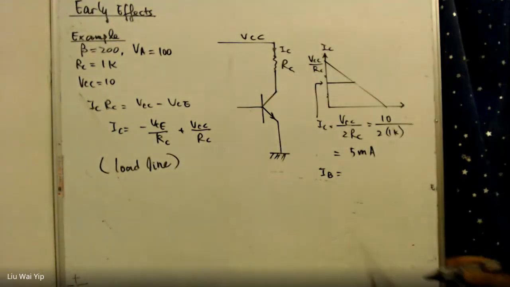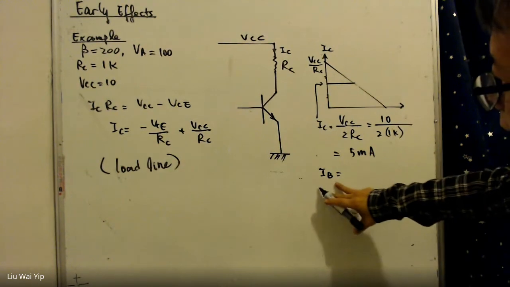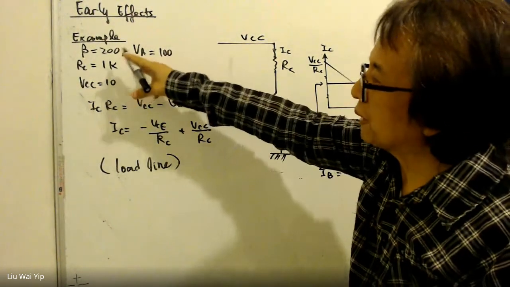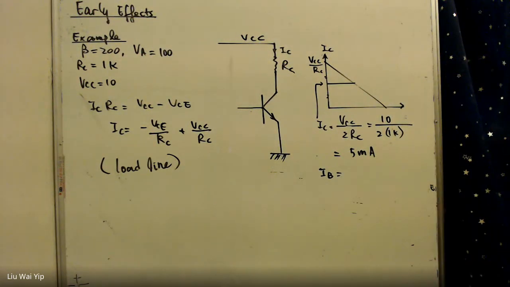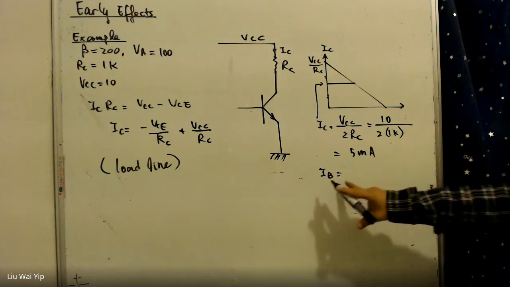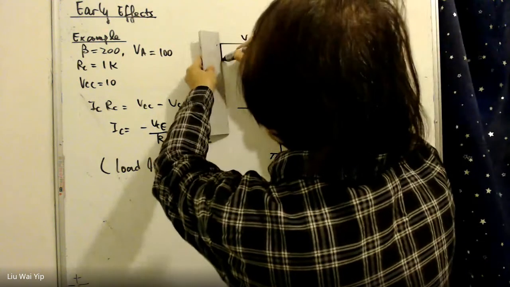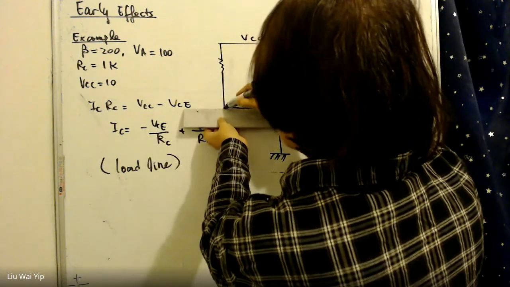This is the very typical situation. Different models have different values for beta and early effect resistance, so bear in mind. We have IB here, and let's say we have another resistor here, and this resistor is up to us to determine.